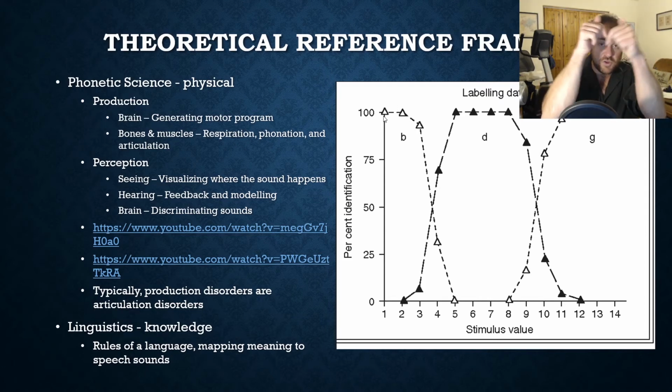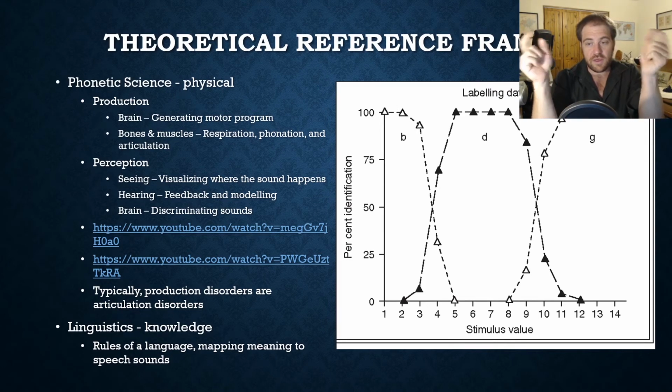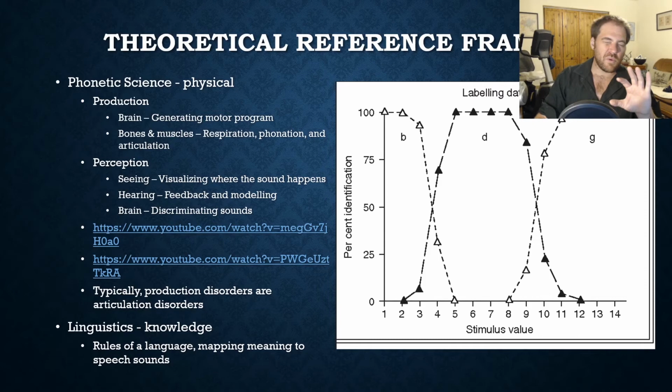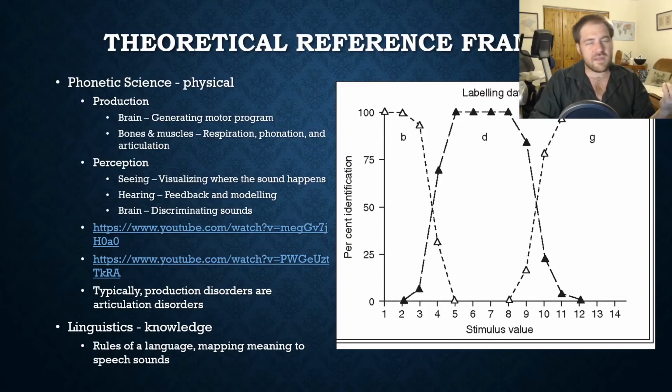When you integrate the two, when you average where the two little triangles would be, then it's firmly within D, and the perception is D. We're not going to talk about it a whole lot more in this class, but if you take 375 or 367 with me, we'll talk about categorical perception a bit more. It's a cool thing. Okay, so back to linguistics.